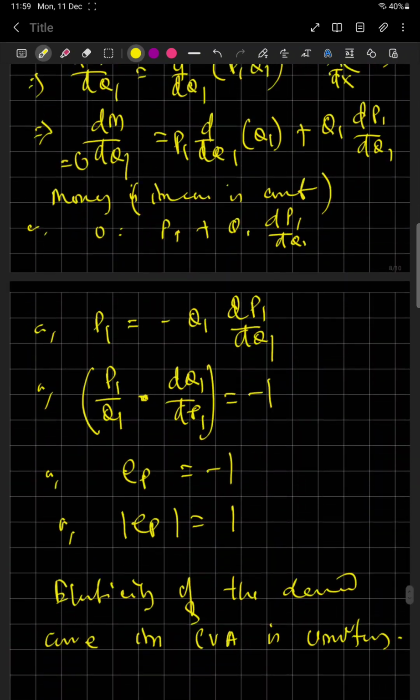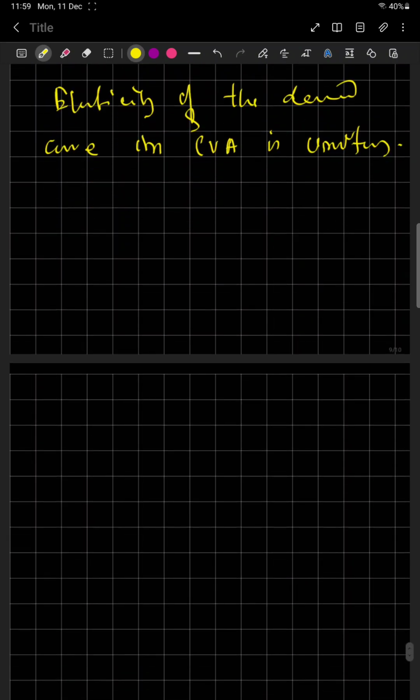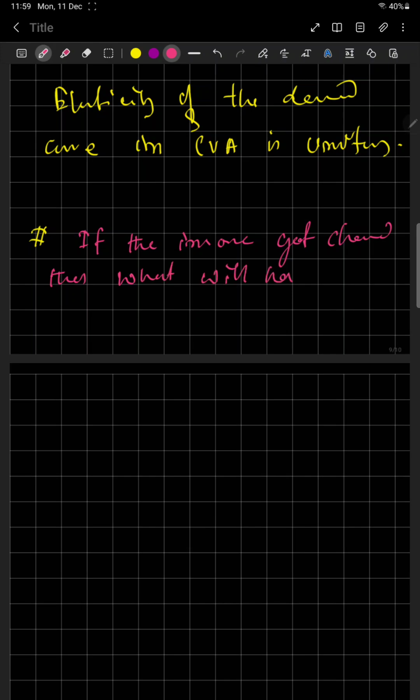Now the third part: if the income got changed, then what will happen to the demand curve?